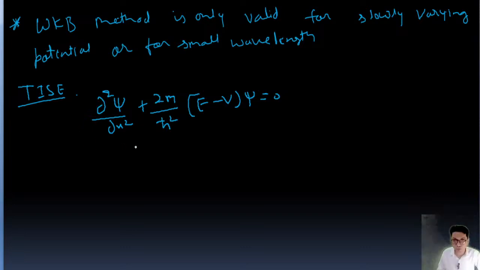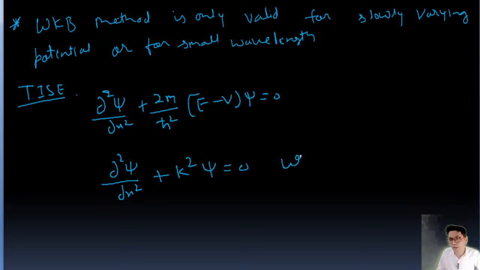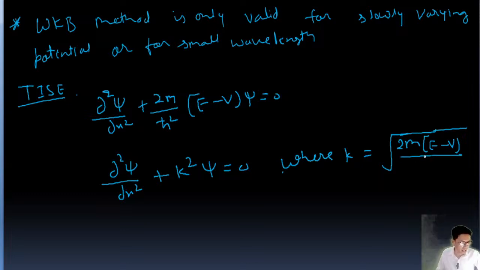From here we can write del square psi upon del x square plus k square psi equal to 0, where the value of k is square root of 2m (E minus V) upon h cut square. This is the value of k.